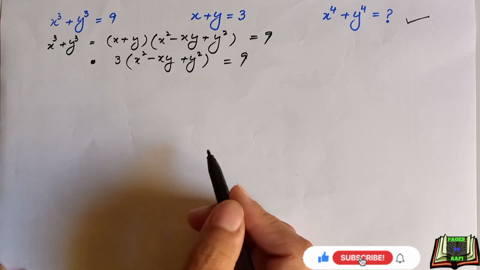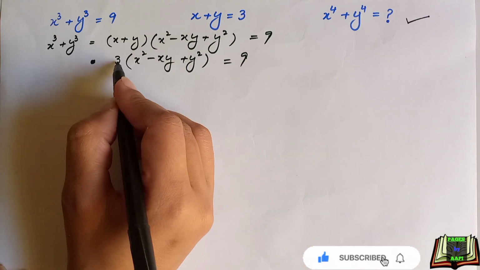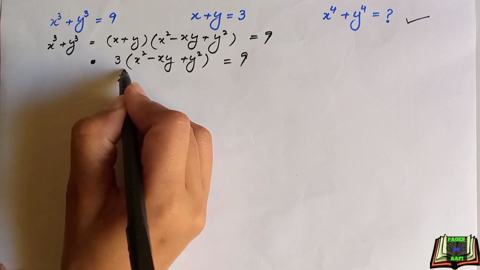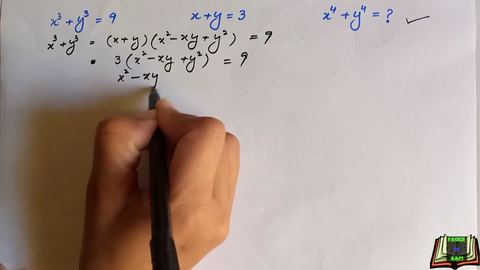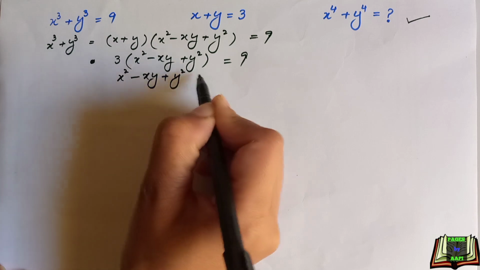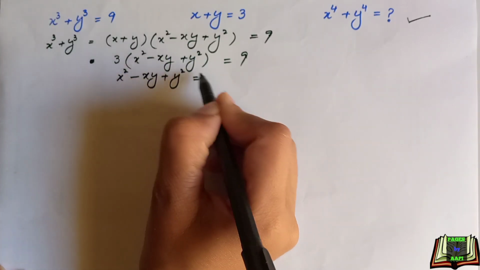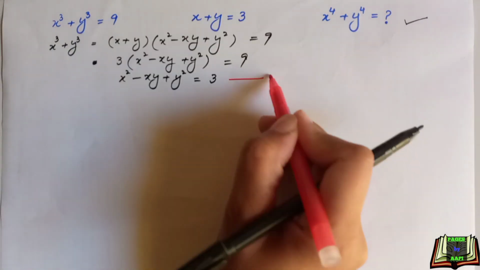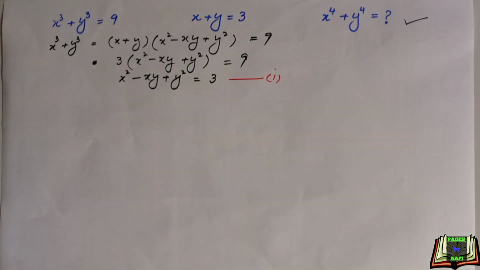Now we are going to divide both sides by 3, so we will get x square minus xy plus y square equals 9 divided by 3, which is 3. Let's name this equation 1.